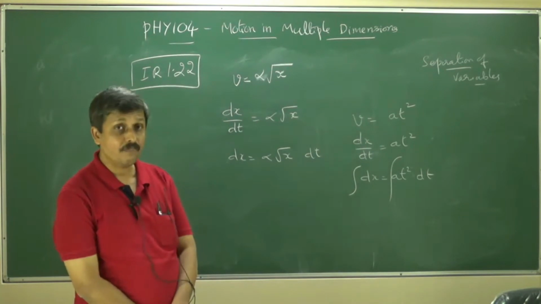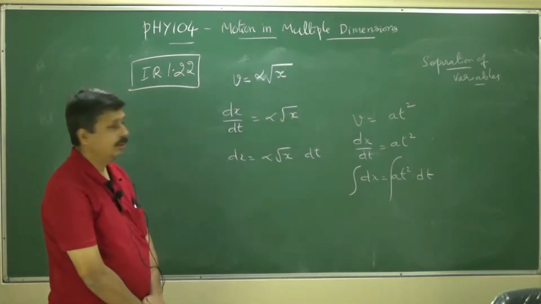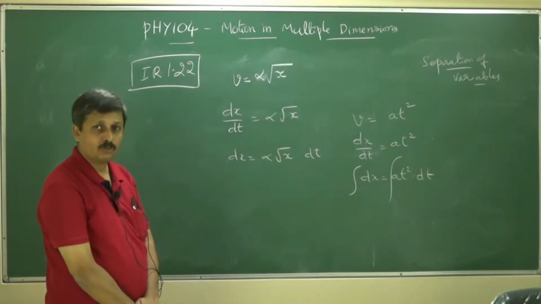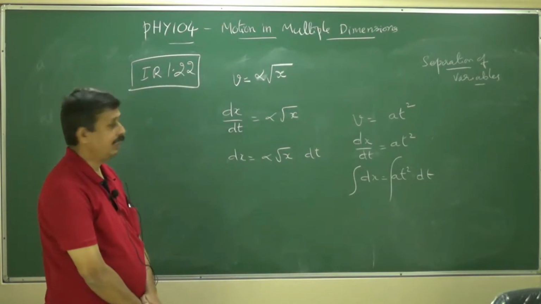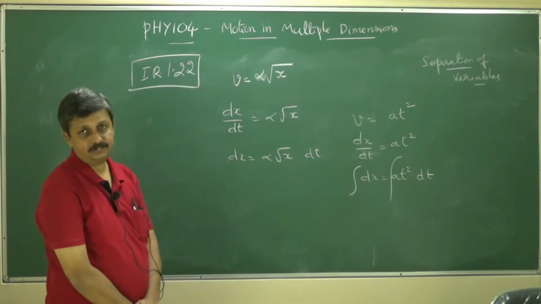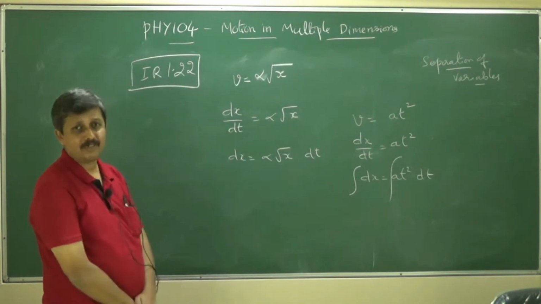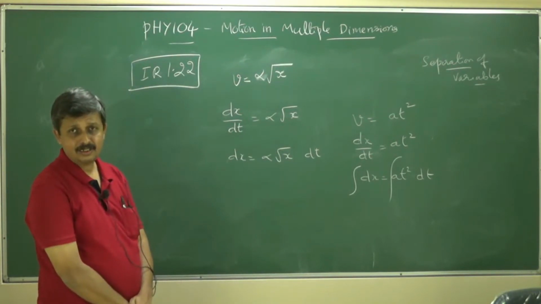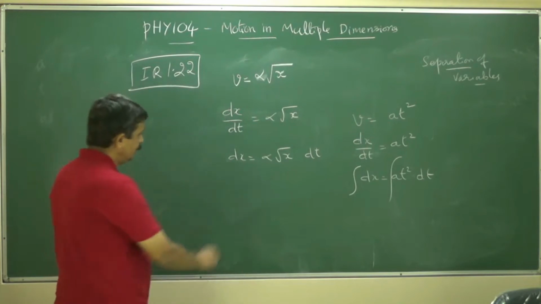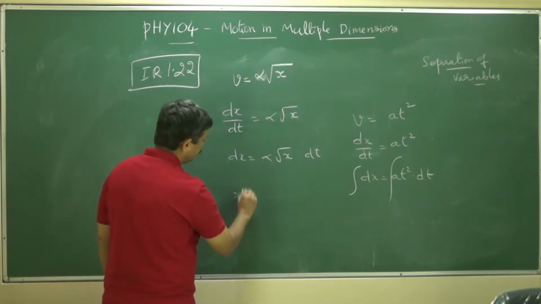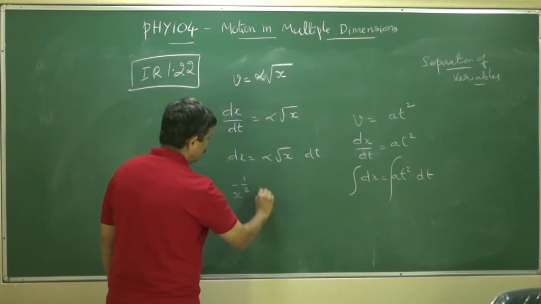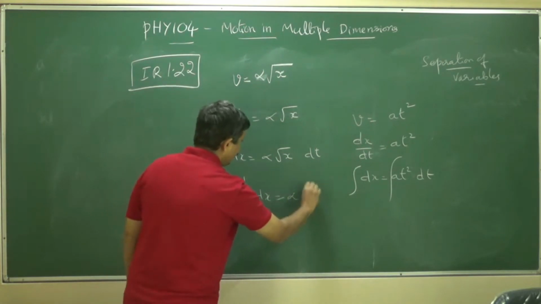First of all, we have to make sure that on one side we have x's and on the other side t's. It is possible, no? Straightforward. Correct. So this can be simply written as, can we do this?